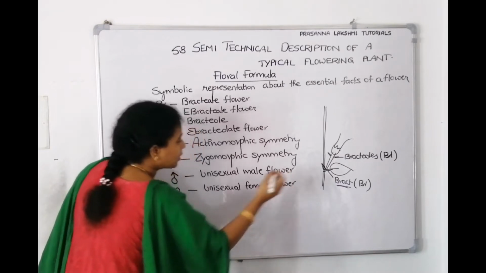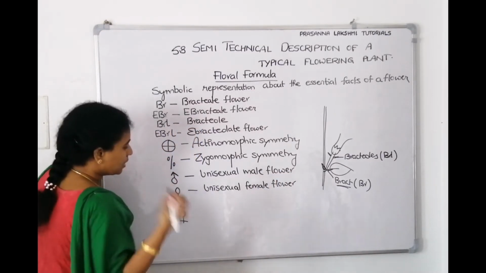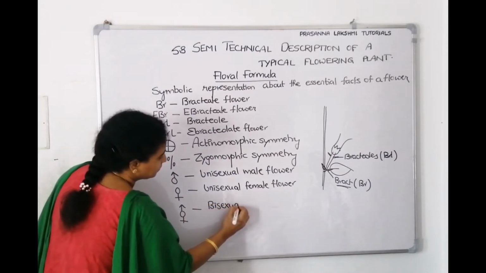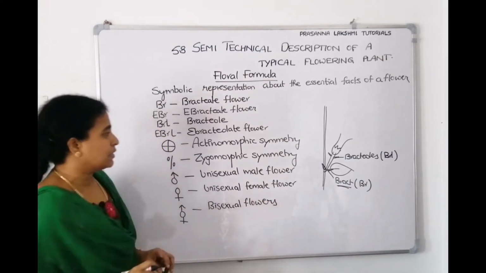Now, if the flower is bisexual, keep both of them together. So keeping both the symbols together symbolizes the bisexual flower.